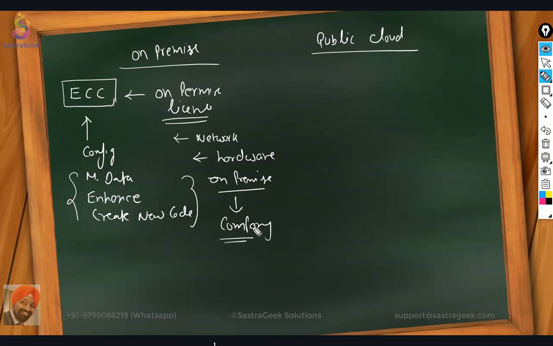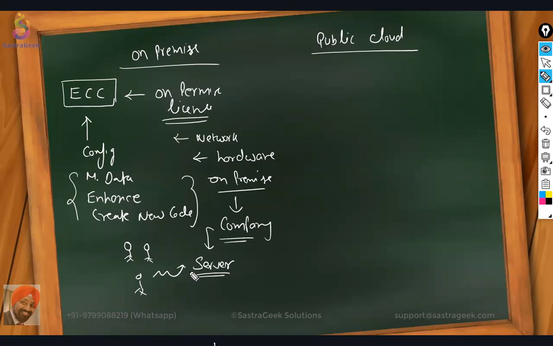Before they start ECC, your company buys a server. The server stays within the company premises, in one of the locations they identify, and they put the server there. Then you have a team who is monitoring and controlling this server. That is basically your on-premise in ECC.